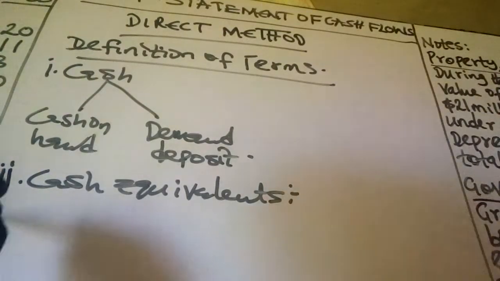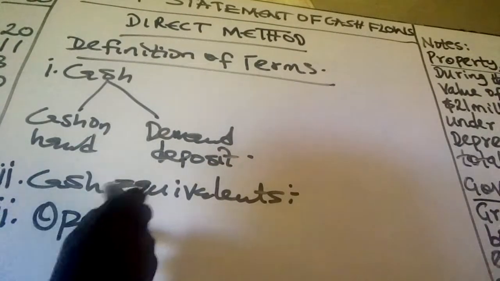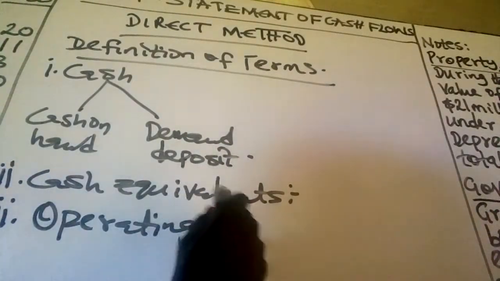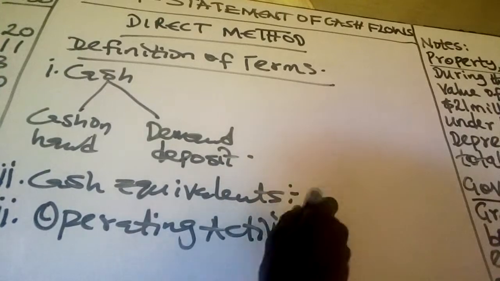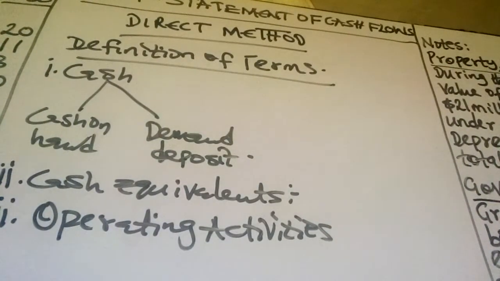The third term I'm going to look at is operating activities. Operating activities are the principal activities of the business. I repeat, operating activities are the principal activities of the business.